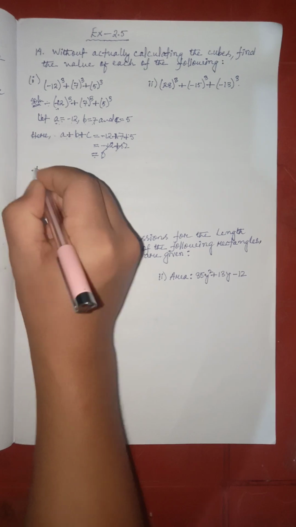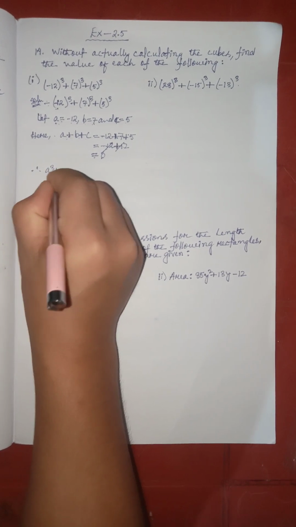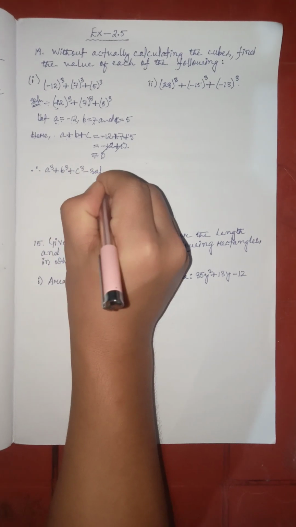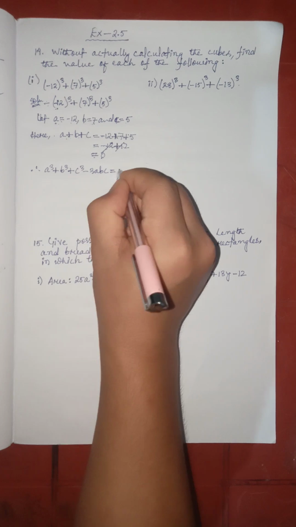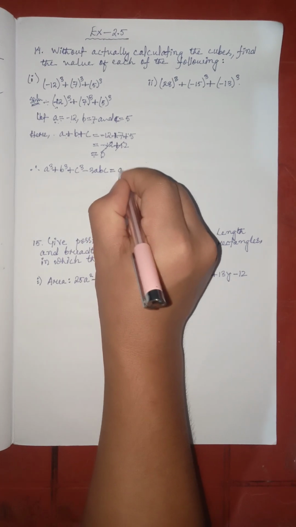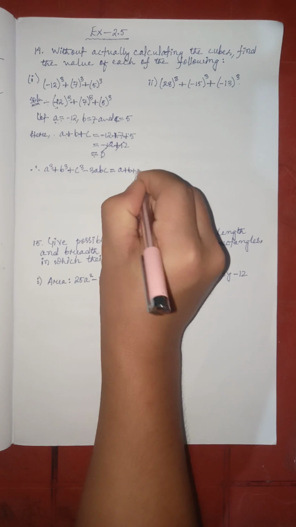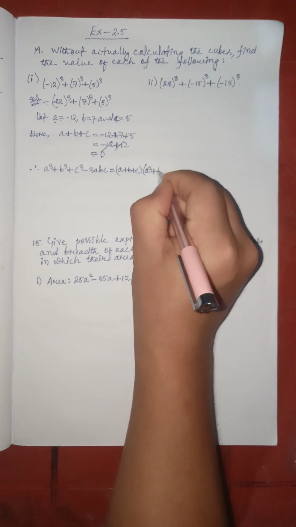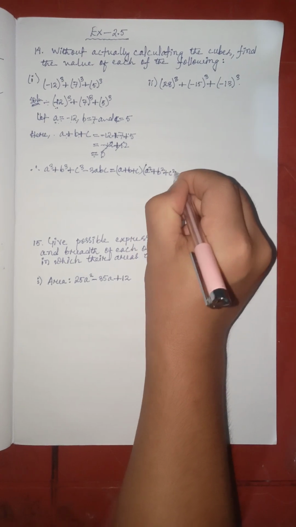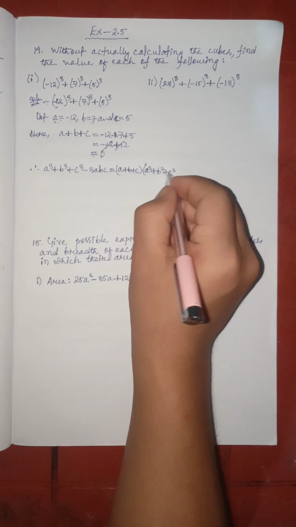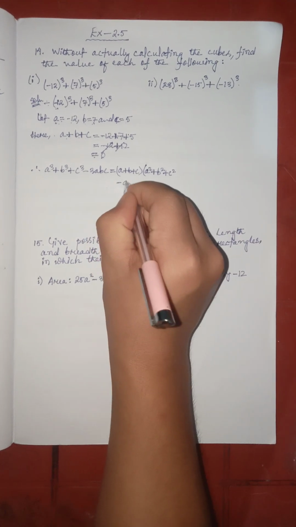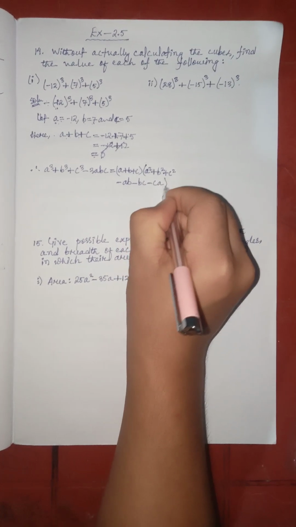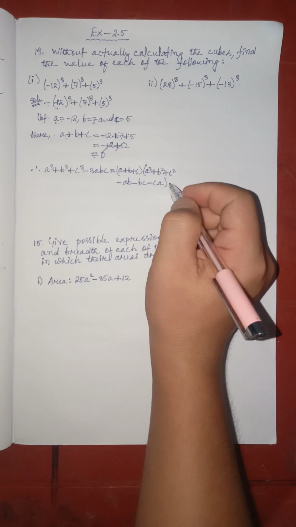Here we'll use the identity: a cube plus b cube plus c cube minus 3abc equals a plus b plus c times a square plus b square plus c square minus ab minus bc minus ca.